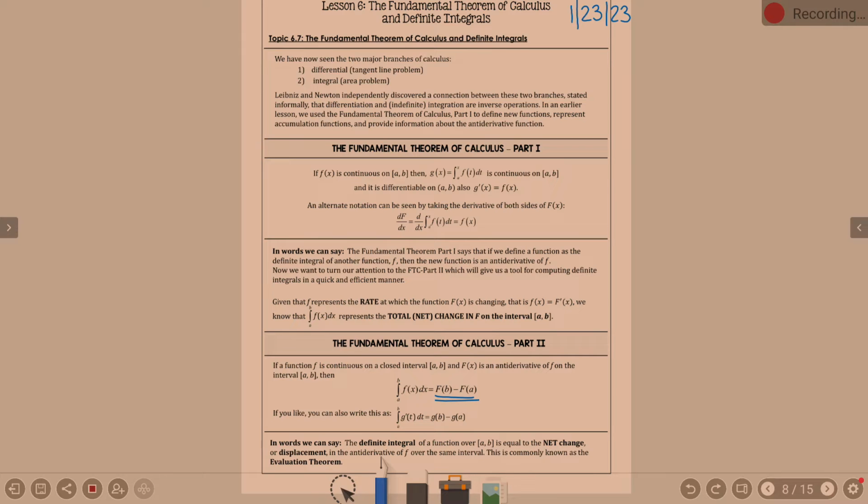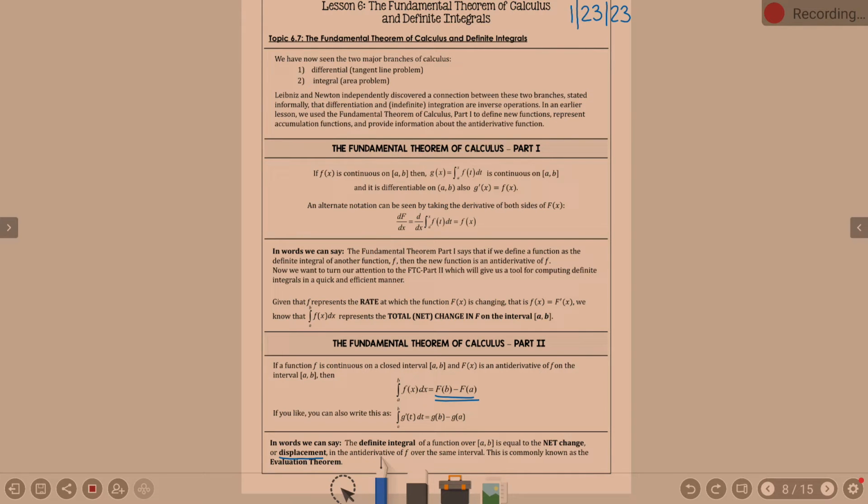There's other notation here, and you'd probably see the upper notation more. So in words, the definite integral of a function over the interval a to b is equal to the net change, or when we talk about this, we can talk about displacement. So you see that word displacement. Another way to say it: equal to net change or displacement in the antiderivative over the same interval, commonly known as the evaluation theorem.